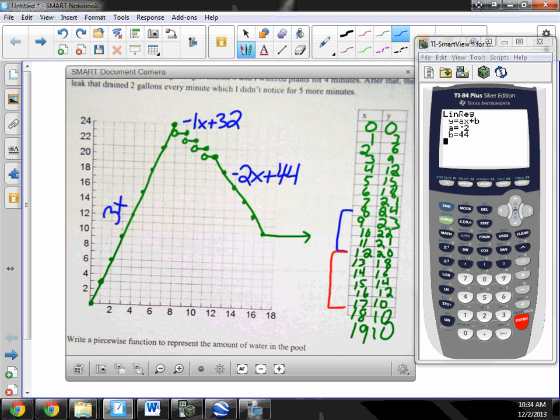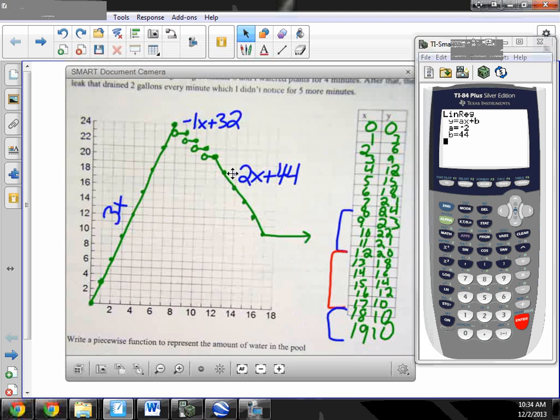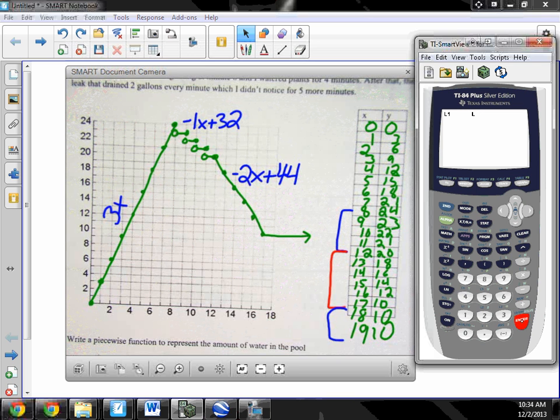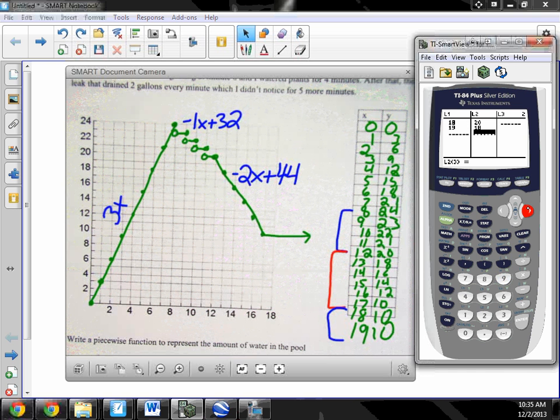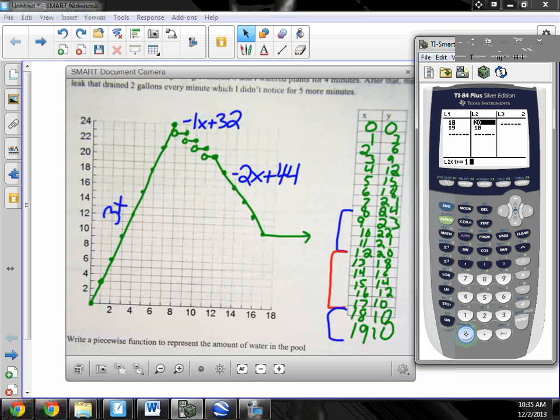Now I need to figure out the equation for the last piece. Going to go back into stat, edit. My points are x is 18 and x is 19. And then they're both 10 for the y values.